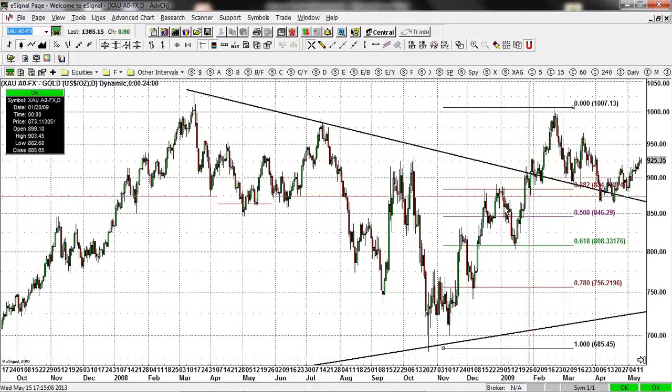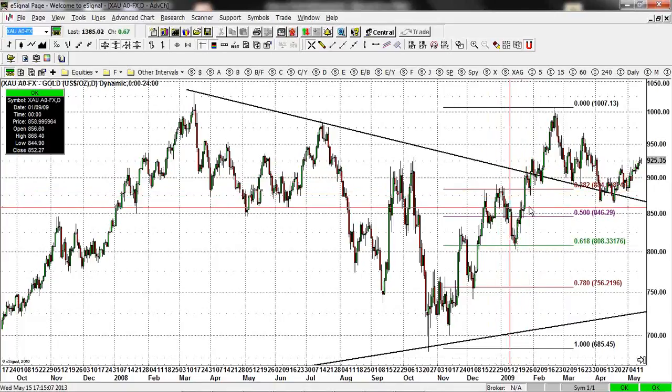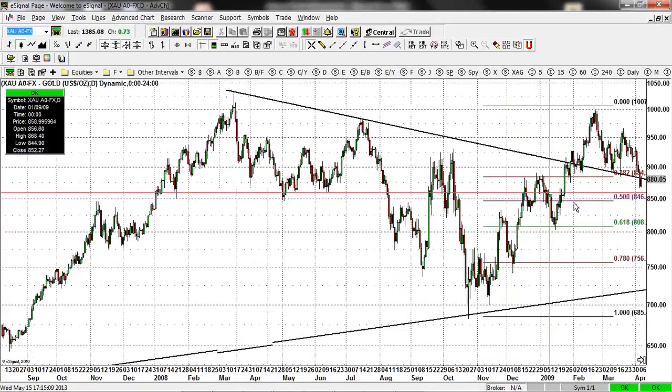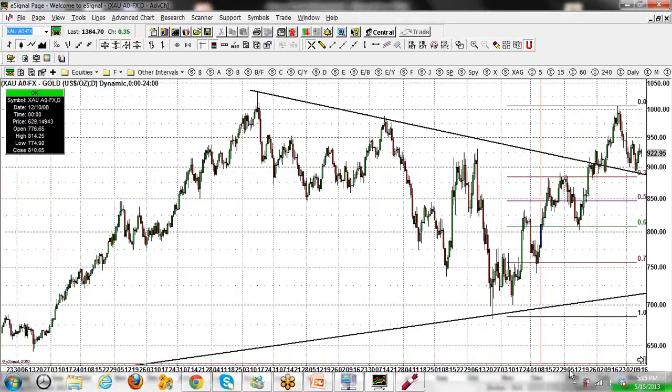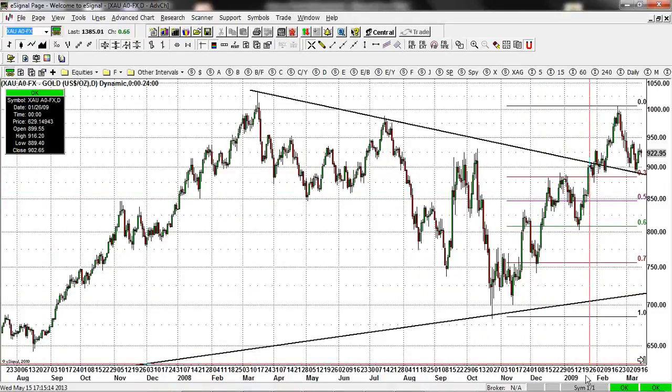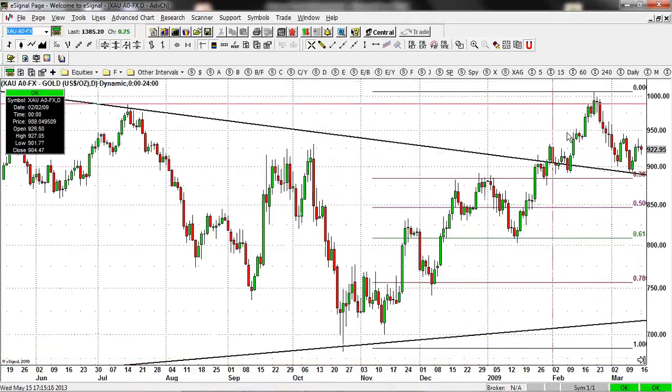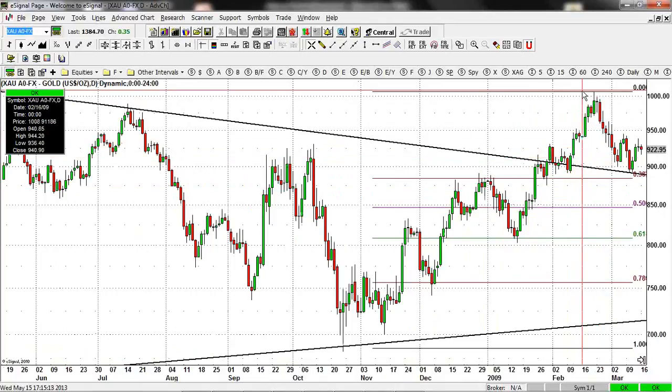So you could use the daily chart to fine tune your entry if you saw prices at this point. Say you missed the triangle break, you weren't paying attention to the market, and then you see that the market is pulling back. You could do the regular pullback ABCD type entry.